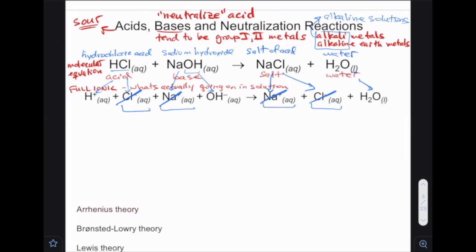They're not really factoring into this balanced equation. And indeed, they're not reacting at all. These are what we call the spectator ions. They're not involved in the reaction. In this case, our spectator ions are sodium ions and chloride ions.